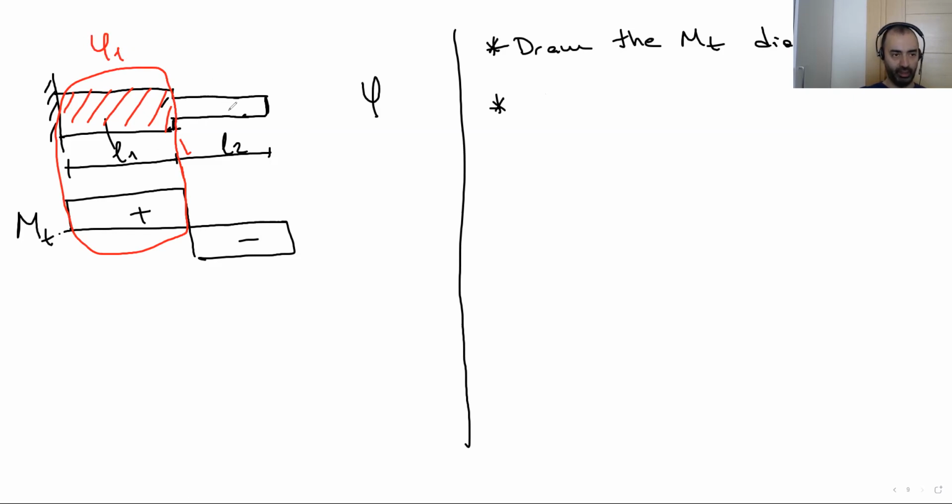Calculate the phi1, plus this portion, this section, with the length of this portion and the moment. Consider this portion, calculate the phi2. The total rotational angle is, as you can see here, phi equals phi1 plus phi2.